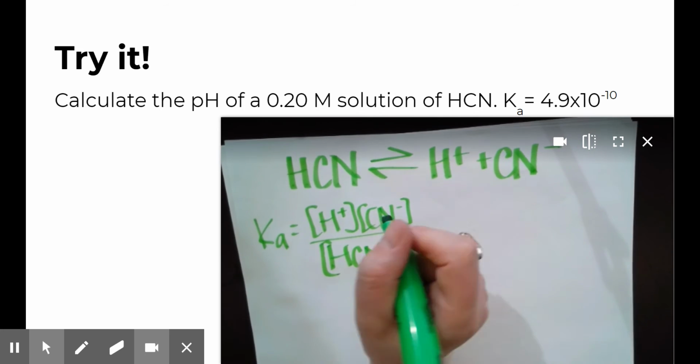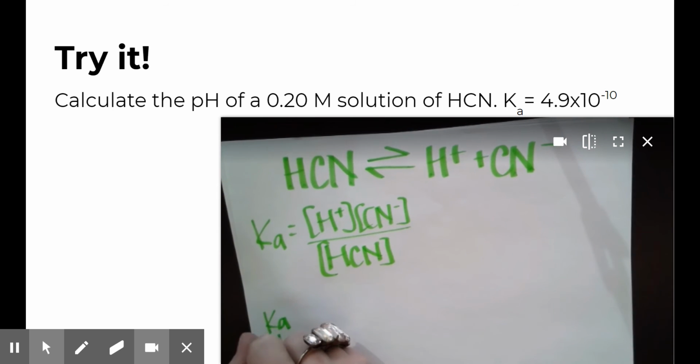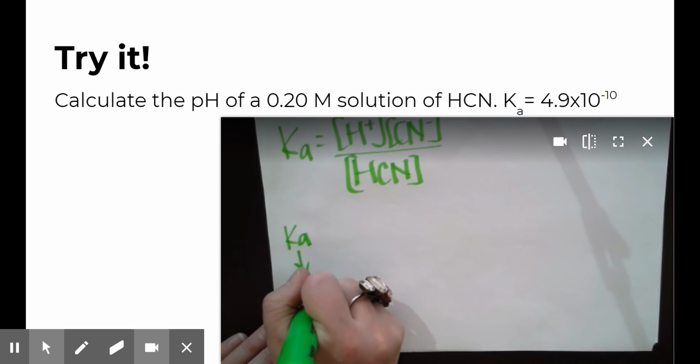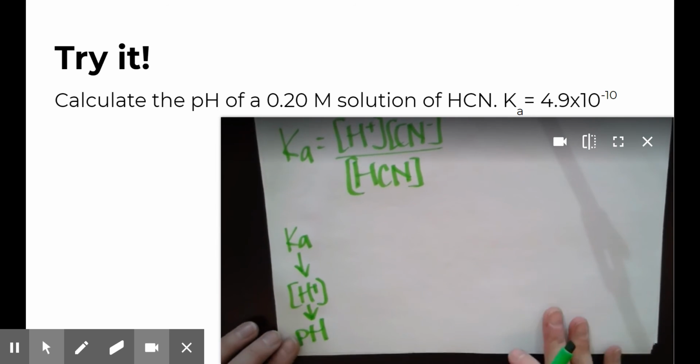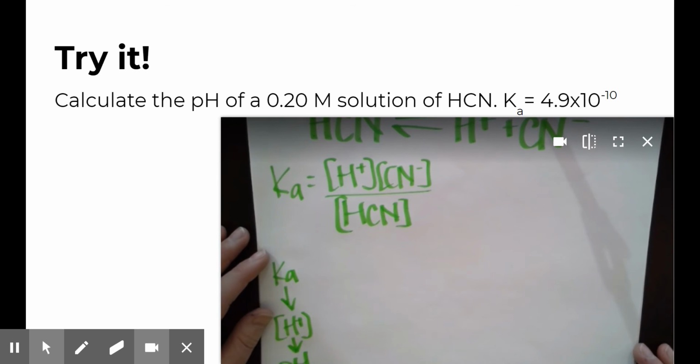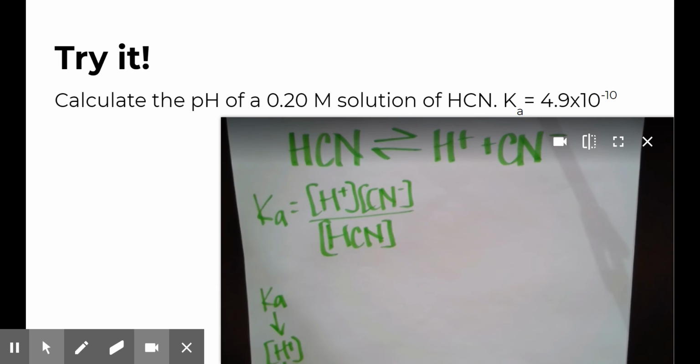Looking good. Now we know Ka, and again, we're solving for pH. So we're going to need to go from Ka to our hydrogen ion concentration to our pH. We can do that. This is just like what we did before. Let's work on that ICE table.